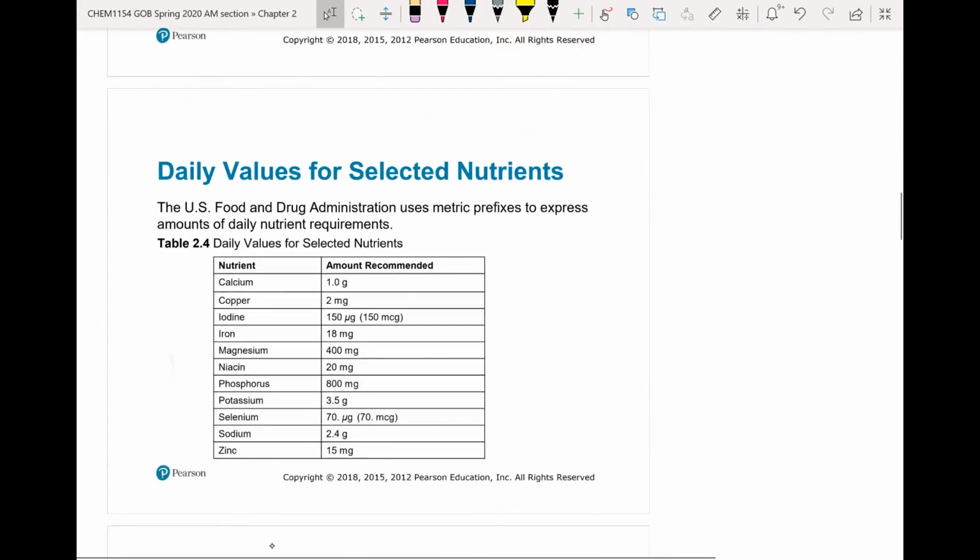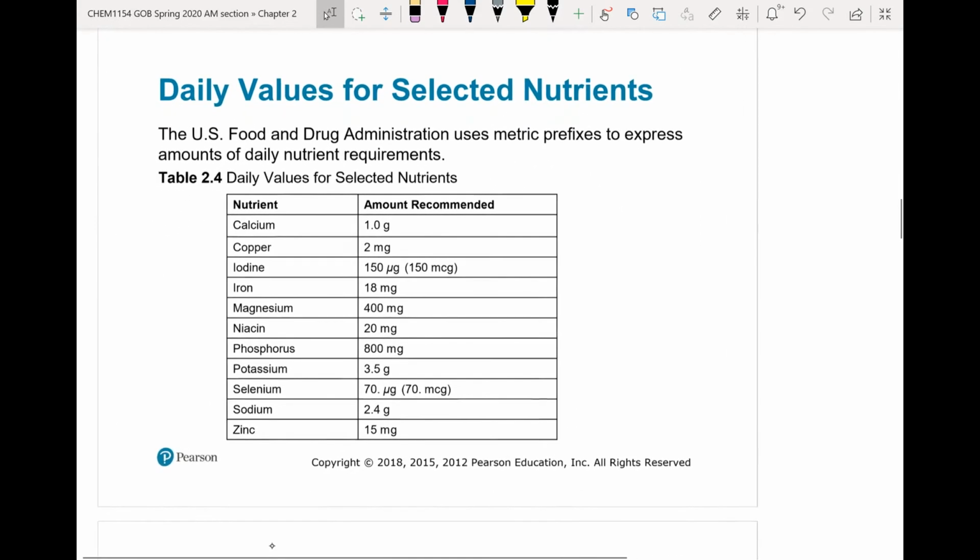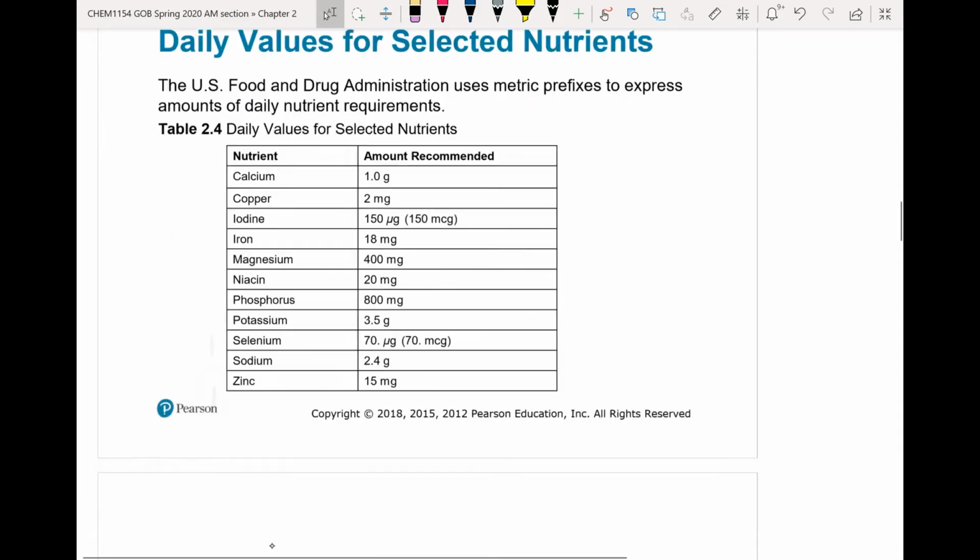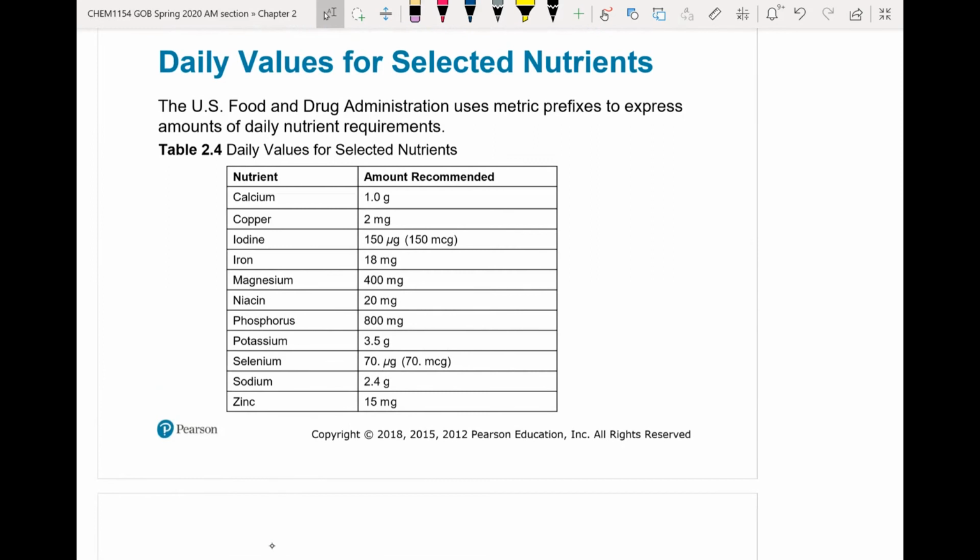All right, so I mentioned the last time when we talked about the different measuring systems that the metric system is not something that you see as frequently growing up as you would the US system. But there are places that you're going to see the metric units quite frequently, and a lot of those are in the nutrition labels on the things that you eat and drink, right?